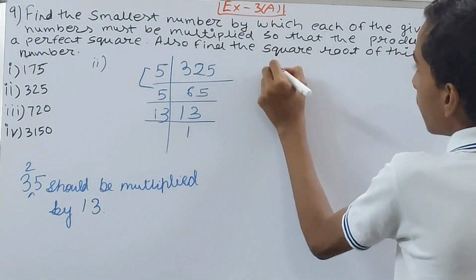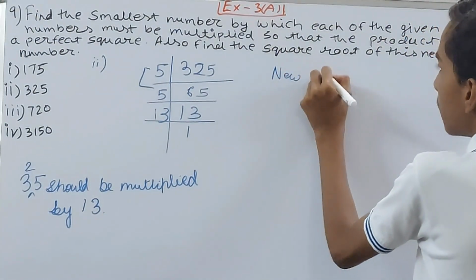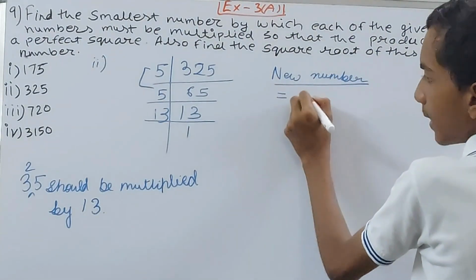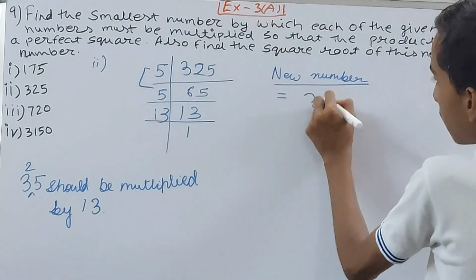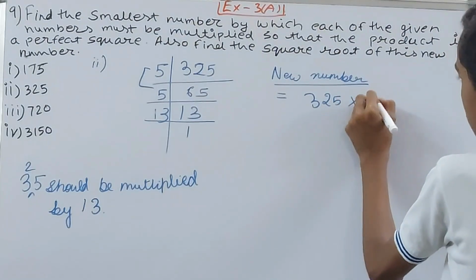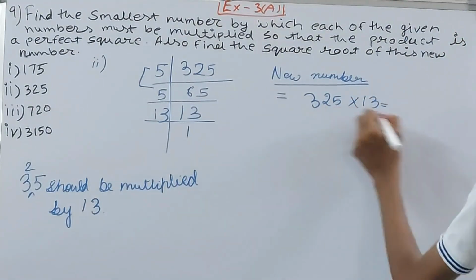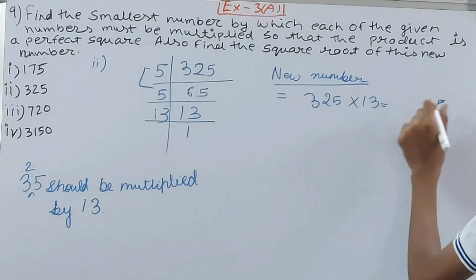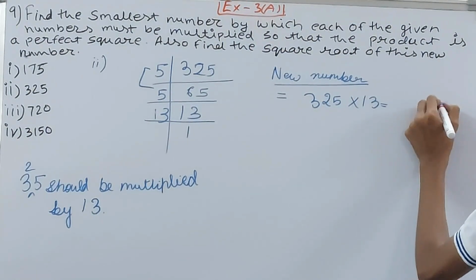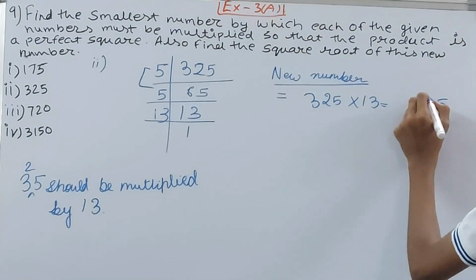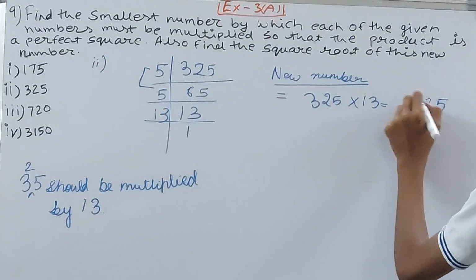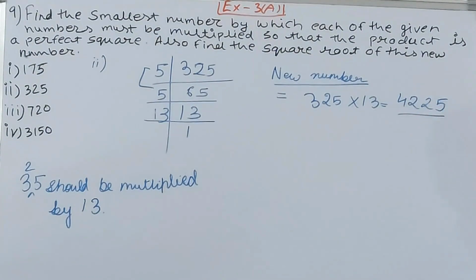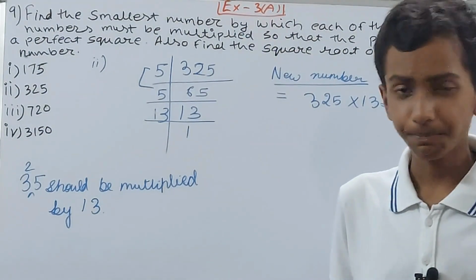Now the new number becomes 325 into 13, which is 4225.